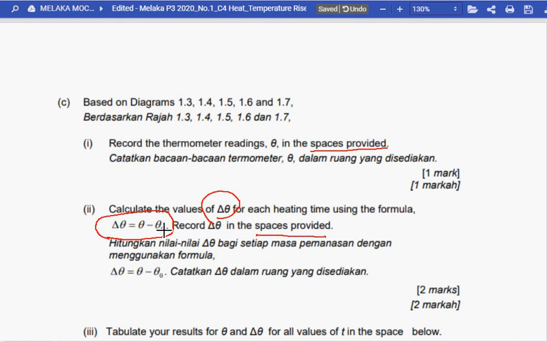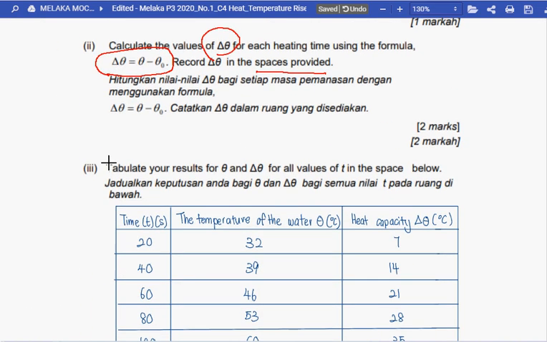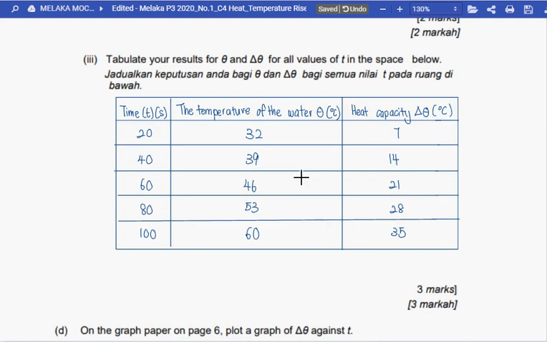This is 2 marks. The temperature for 1.3 until 1.7 is 1 mark. The change in temperature just now is 2 marks. And then after that, you need to tabulate your result for theta and delta theta for all the values of t in the space below.